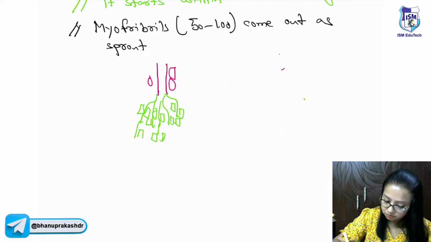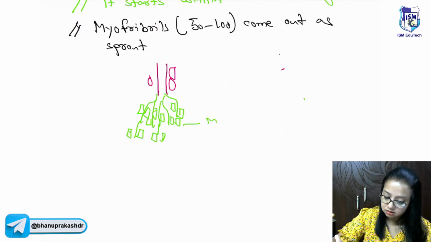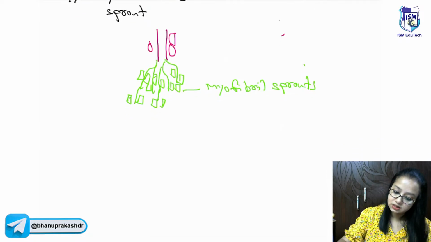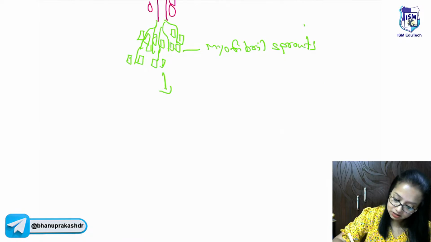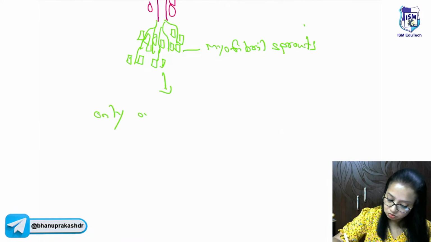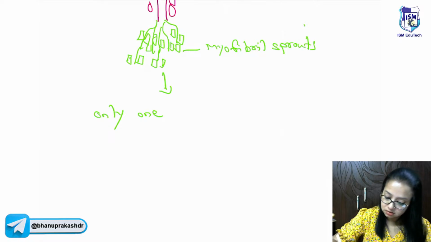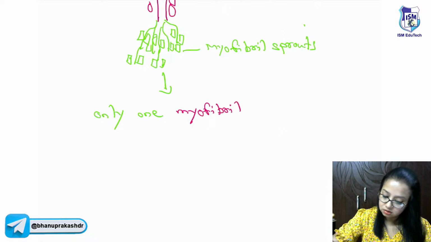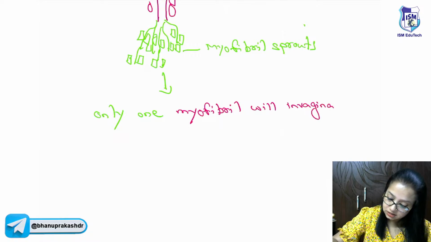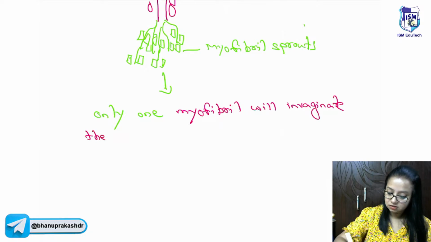Now, out of such 50 to 100 myofibril sprouts, only one myofibril will invaginate the neurolemma.